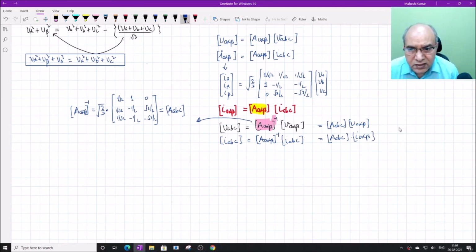So what is the ABC matrix? It is nothing but the inverse of this matrix, but this is also equal to A0 alpha beta transpose. So this implies that this matrix has an interesting property: the inverse of the matrix is the same as the transpose of the matrix.